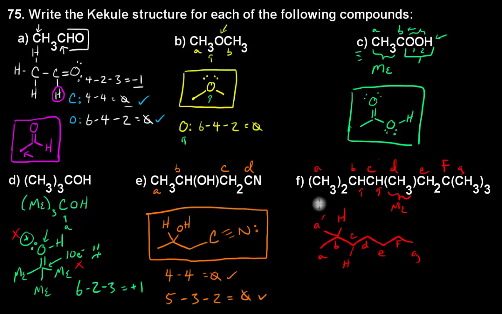So actually it looks like I made a mistake, so let's go ahead and go back and erase a couple of these labels. Okay, so now what I'm going to do for carbon C is I'm going to put that methyl group on there.